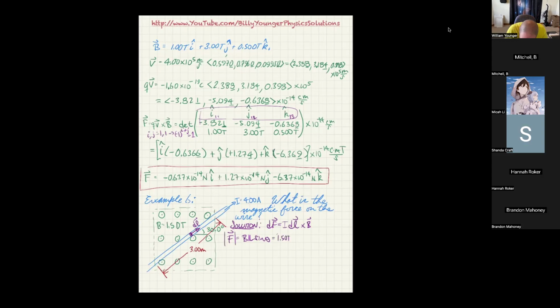So I'm going to say 1.50 tesla times 4.00 amps times 3.00 meters times the sine of 90 degrees. Does everybody understand why the theta is 90 degrees here?